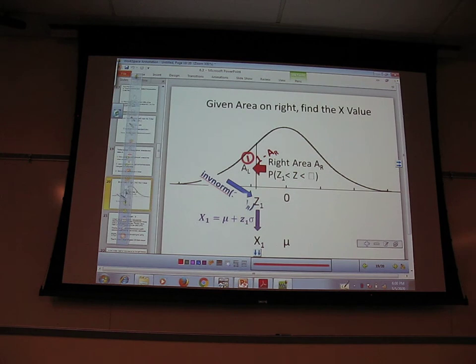The second step is use inverse norm of the left area to find the z-score. And then the third step is to convert that z-score to an x value. This may be more confusing than I pictured in my head.